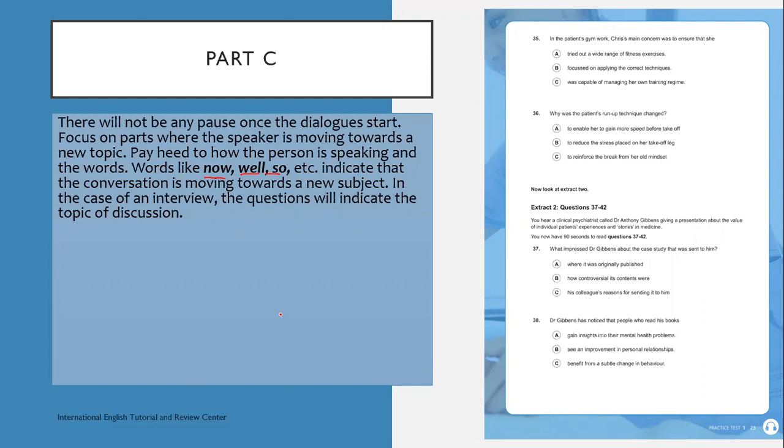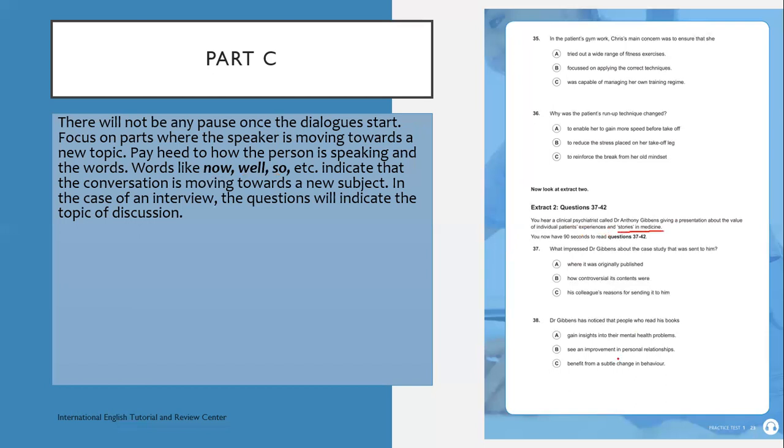So in the case of an interview, the question will indicate the topic of discussion. For example, on the second presentation or interview, you will hear a clinical psychiatrist called Dr. Anthony Gibbons giving a presentation about the value of individual patient experiences and stories in medicine.